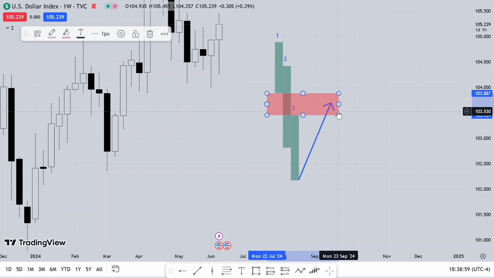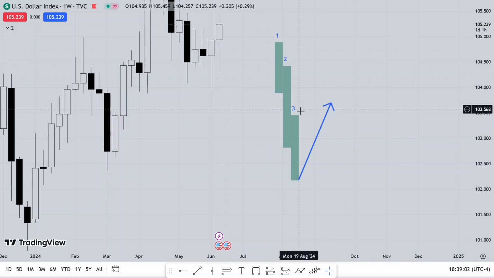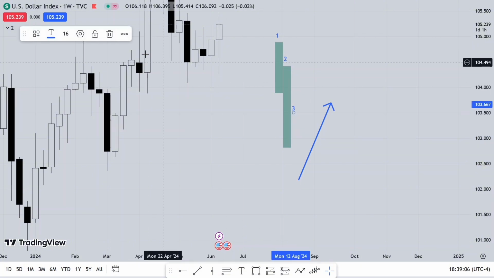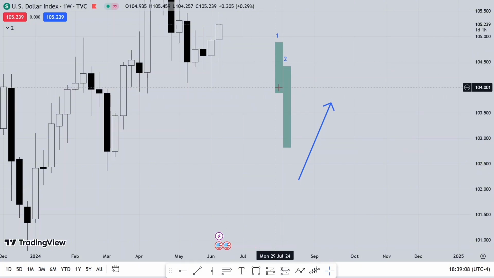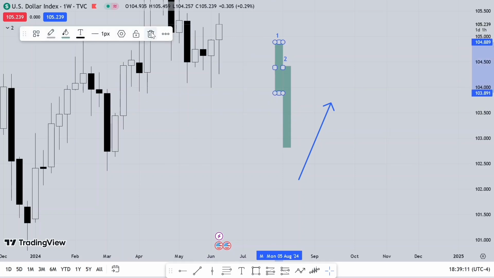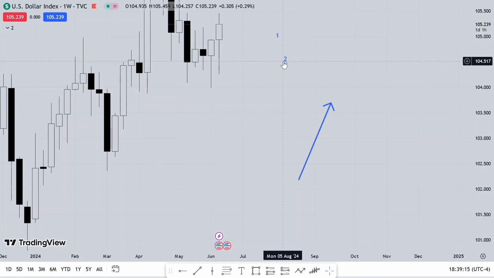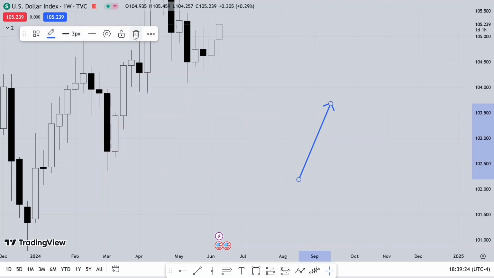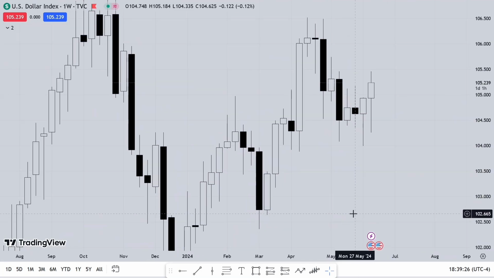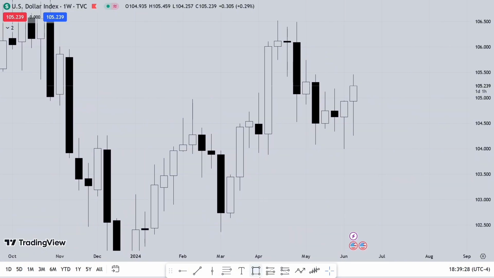And there are forms of imbalances. There are two basic forms: the buy side imbalance and the sell side imbalance. The buy side imbalance is also called a BISI. So when you have an up close candle that forms an imbalance, that is called a BISI. Note this in your journal because this is valuable to understand price action.